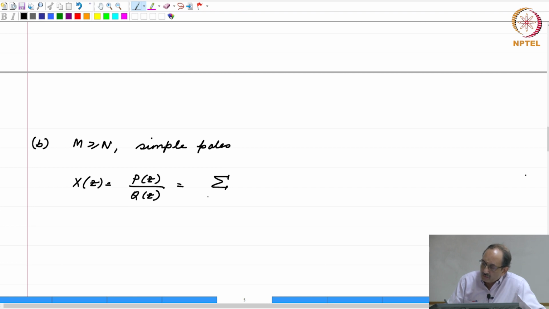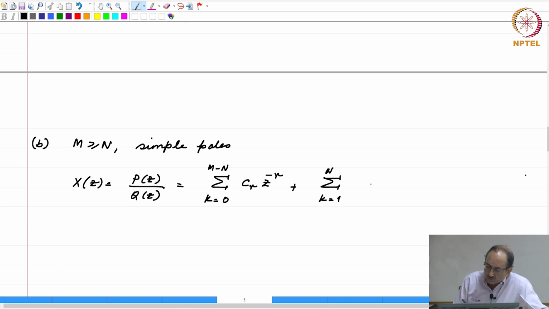Therefore, if you do that, the quotient will have degree, what will be the upper limit of this sum here? M minus N, sum of C r z to the minus r. So, this is what the quotient will be, and then of course, the remainder will be in proper form, and this if you break it up into residues, you apply what we had seen earlier. So, this goes from k equal to 1 to N of A k by 1 minus q k z inverse.